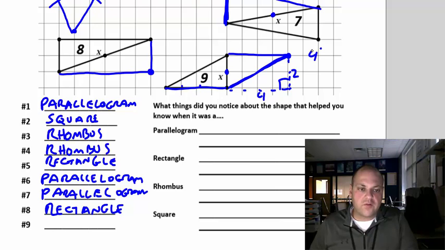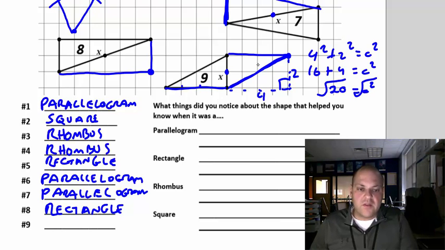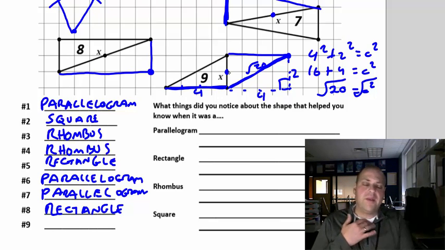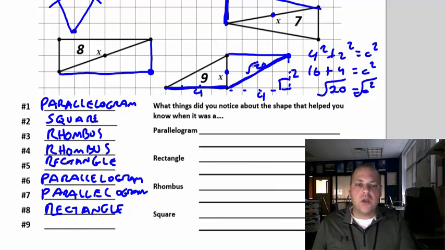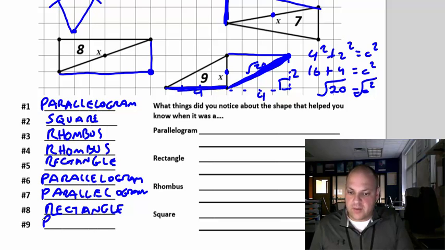So let's do 4 squared plus 2 squared equals c squared. 16 plus 4 equals c squared. This is 20. 20 equals c squared and the square root of 20. So this is the square root of 20, and this is a length of 4. Is 4 the square root of 20? No. So this is actually a little longer than this. So this is just a parallelogram.